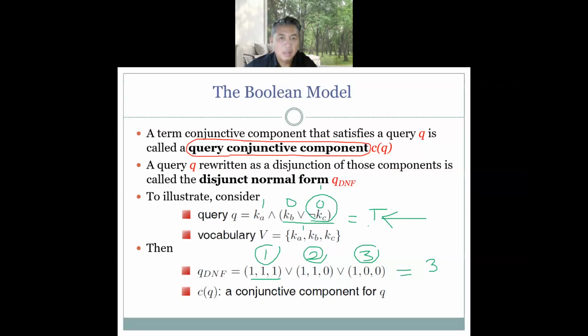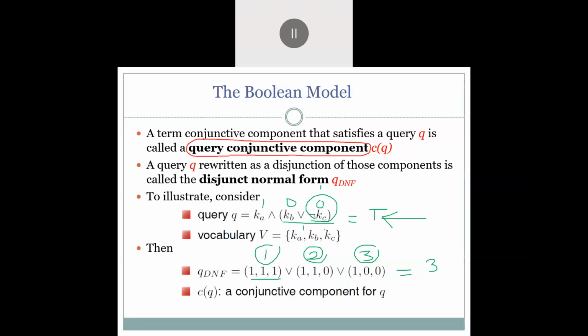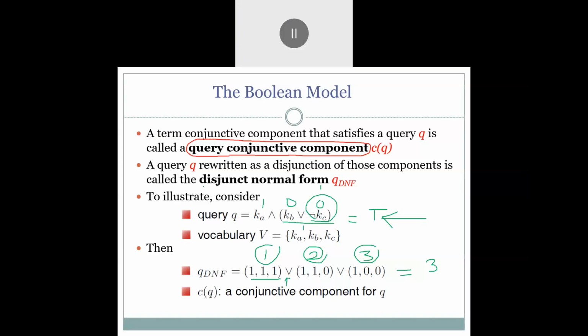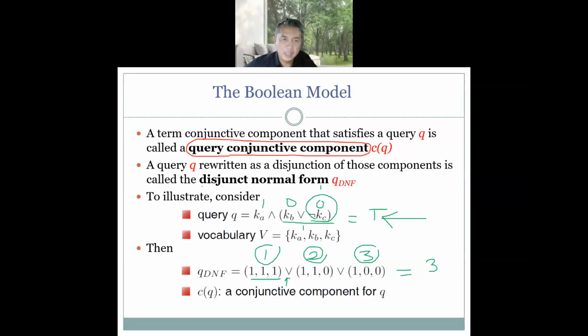The QDNF equals 111 or... this one, or. Okay, so this is the disjunctive normal form.